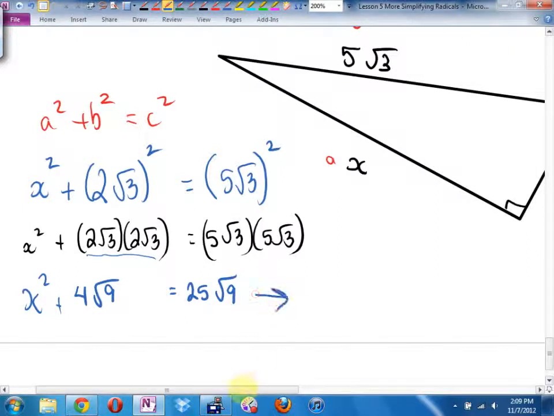I'm running out of room, so I'll move sideways. Let's rewrite the x squared. What is the square root of 9 the same as when you evaluate it? This is really 4 times 3. Which is going to be what? 12, equals 25 times 3, because you said the square root of 9 was 3.